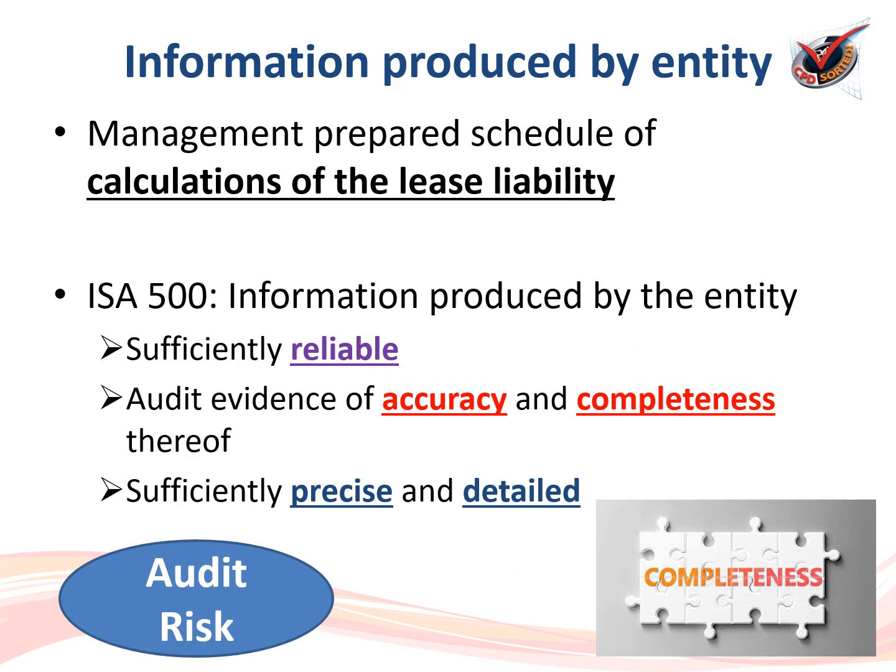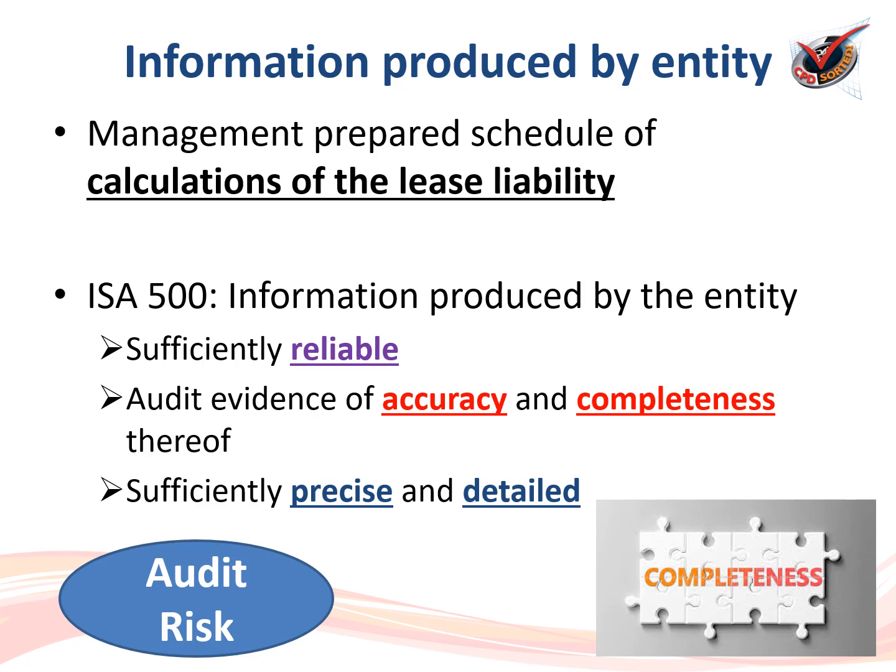So remember that when information is provided by management, the engagement team should obtain sufficient appropriate corroborating audit evidence in support thereof. The first information that would be obtained from management would be the schedule of the calculations of the lease liability.